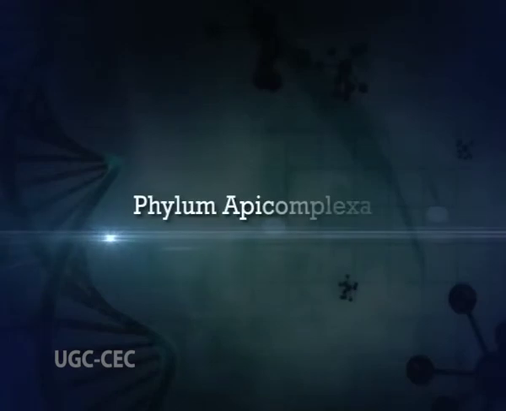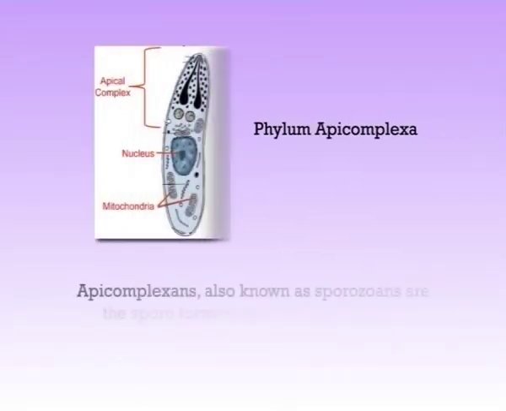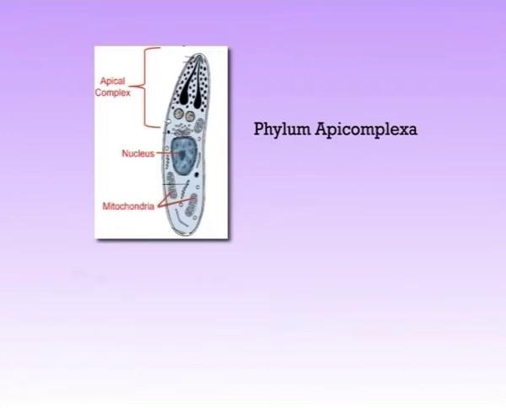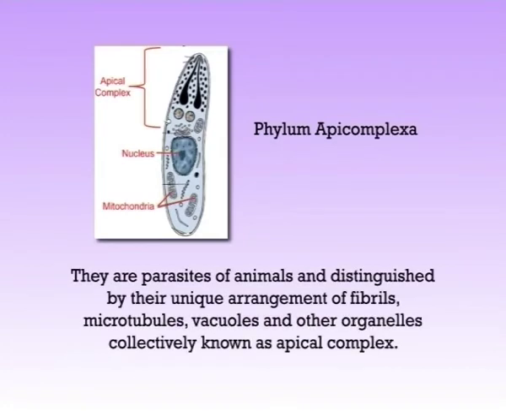Next we'll see the Phylum Apicomplexa. Apicomplexans, also known as the sporozoans, are spore formers, and they lack special locomotory organelles. They are parasites of animals, and they are distinguished by their unique arrangement of fibrils, microtubules, vacuoles and other organelles, which are collectively known as the apical complex.